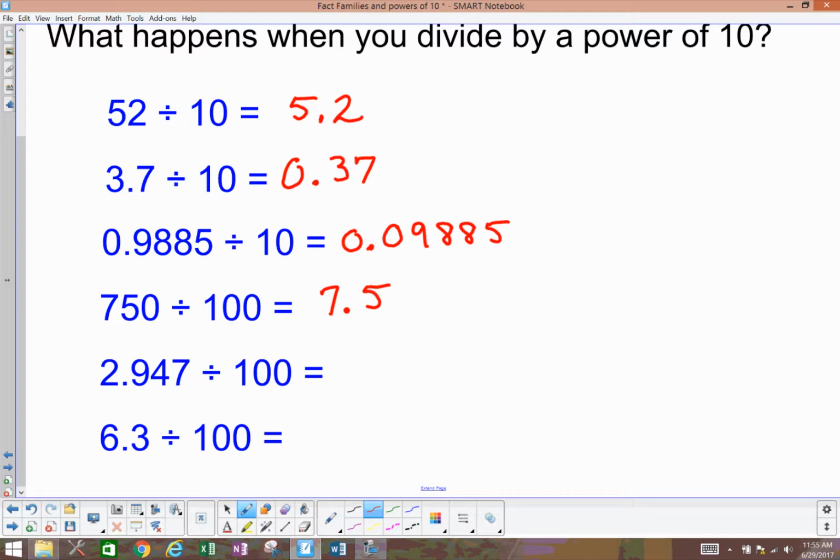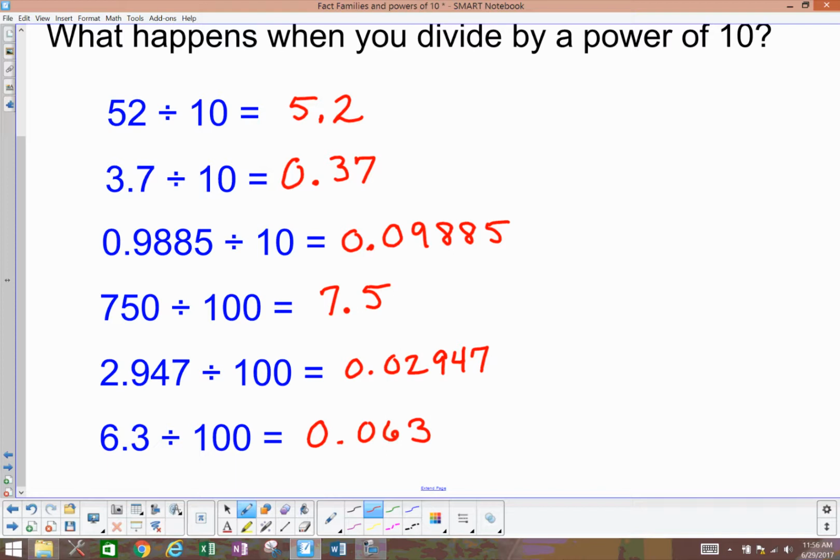That means that our 2 is going to end up having to go to the hundredths place. And again, 6.3 divided by 100, we are shifting by 2 place values. That means that I will have 0.063 because I shifted towards the reciprocals.